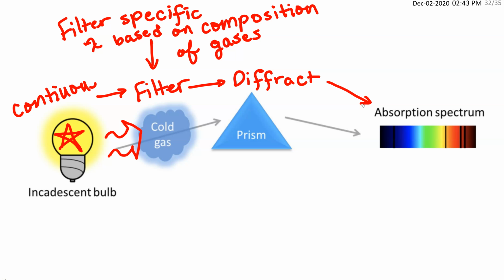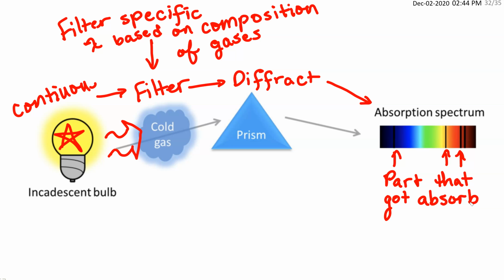Now, an absorption spectra, you'll notice, has these little black lines right here. That is the part that got absorbed. And it's interesting because we can identify which elements are in the gas that it passed through, and we can identify what elements are giving it off.